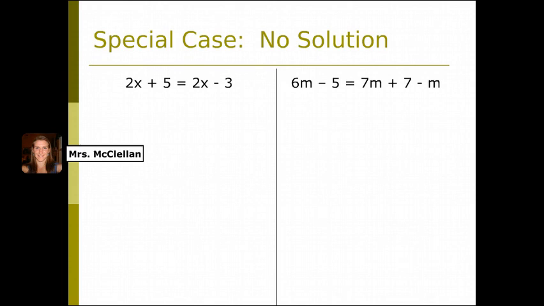Another special case is when sometimes you solve the equation and there is no solution. So let's talk about that. Got to get my variables on the same side, so I subtract 2x from both sides.